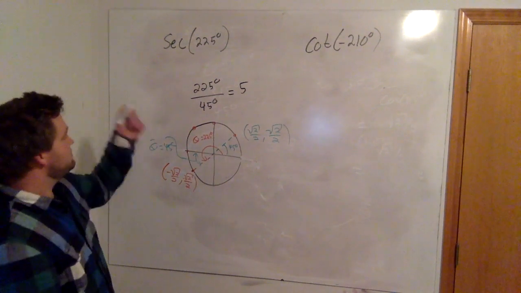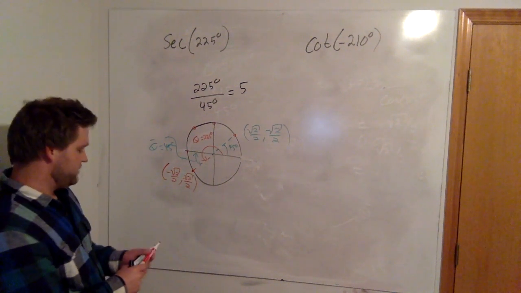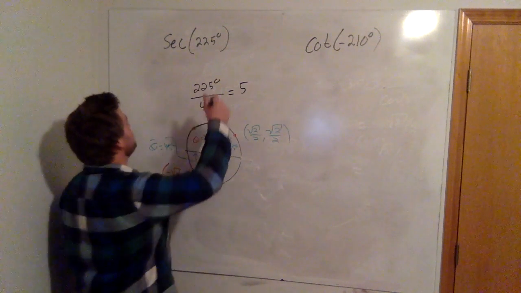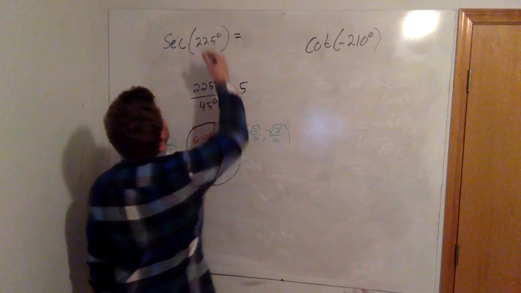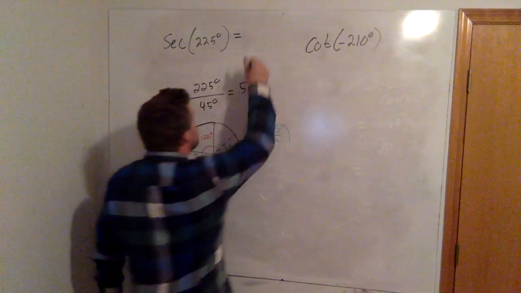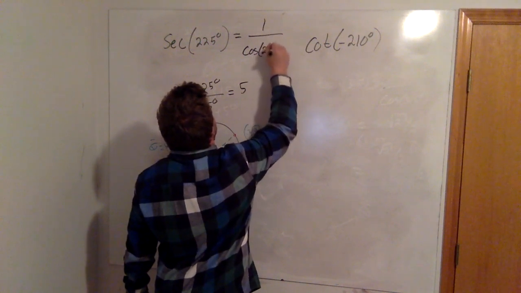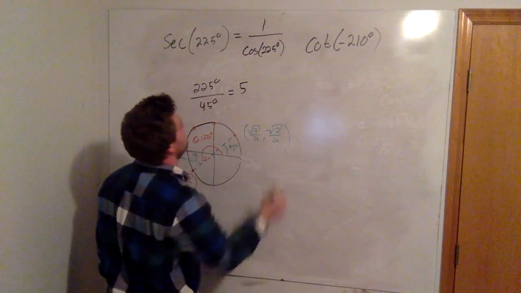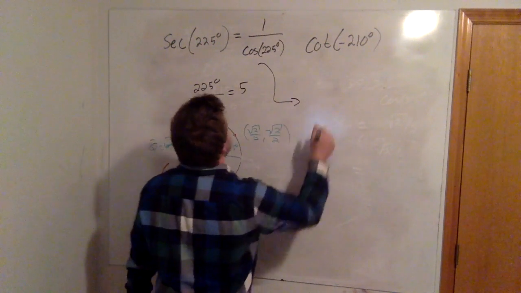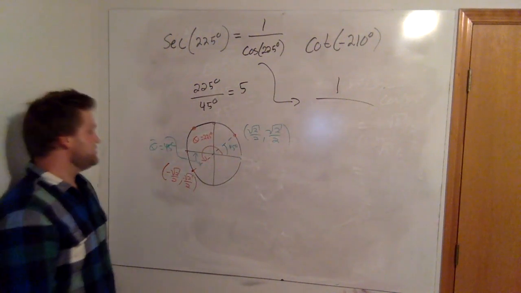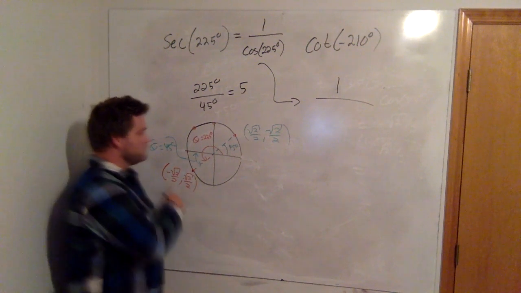Okay, and I want to know what secant of 225 degrees is. So I'm going to go ahead and write this in terms of sines and cosines. Remember that secant is the reciprocal of cosine. So what I want to calculate is 1 over the cosine of 225 degrees. Cosine is the x-coordinate, so negative root 2 over 2.